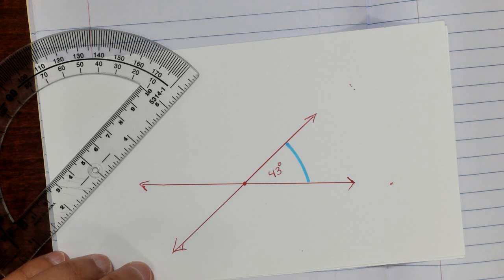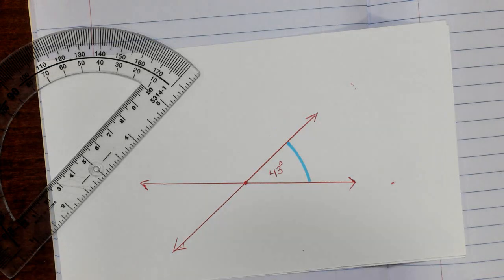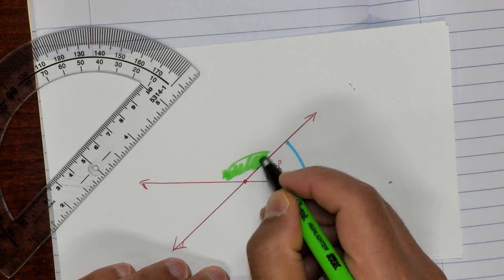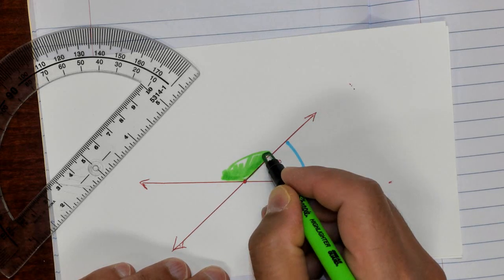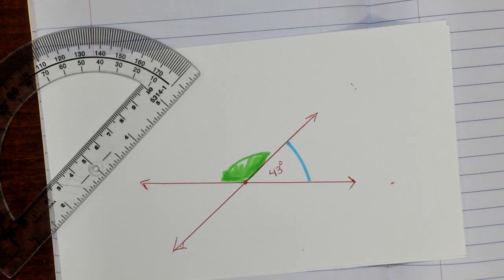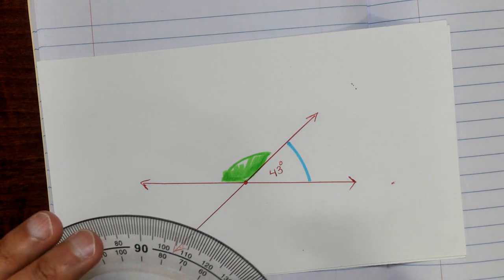Okay? Mr. A, how about this one here? How can we measure this one? It's not straight. It's not flat. It's okay. You can follow the same steps.